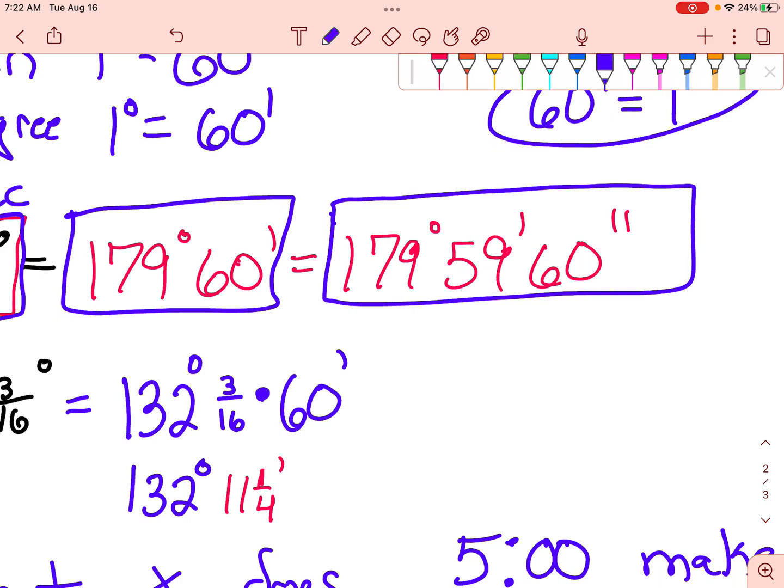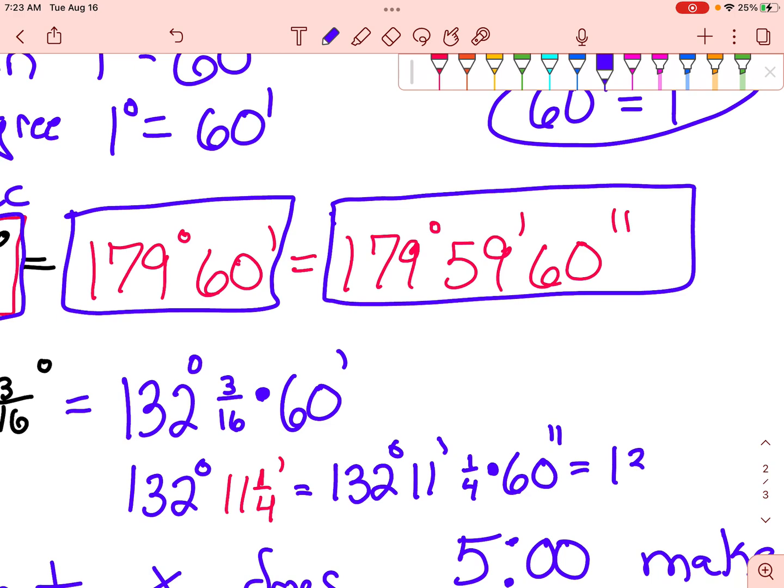If you don't, this is what's actually happening. We have 132 degrees. We have 11 full minutes, and we have 1/4 of a minute. So 1/4 of a minute, which is 60 seconds. And then again, you would multiply 1/4 times 60, and your final answer is 132 degrees, 11 minutes, and 15 seconds.